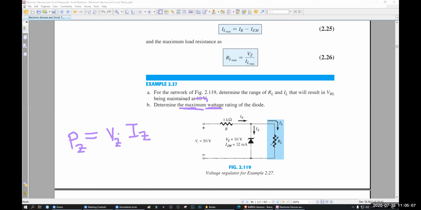And they said maximum, so something has to be maximum. Now VZ does not have any maximum or minimum. It is VZ. But IZ has a maximum and minimum, right? So can I call it IZM? So can I call it PZM? That is what we have to find out. What is VZ? VZ is equal to 10. What is IZ? IZ is 32. This is okay.